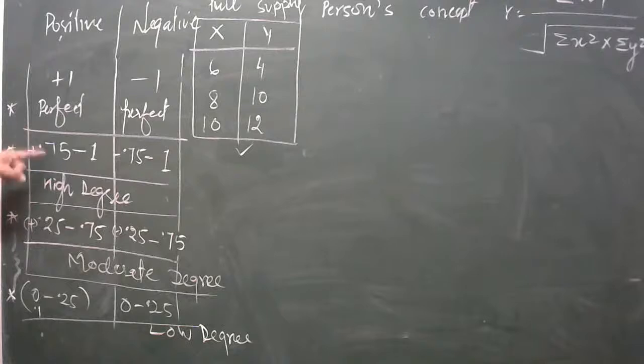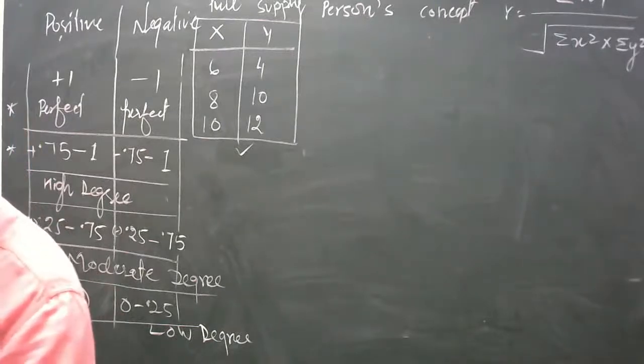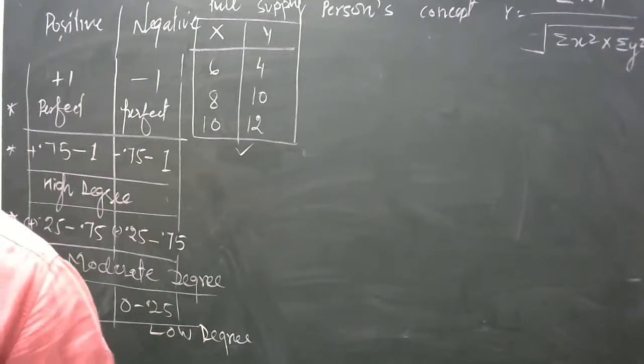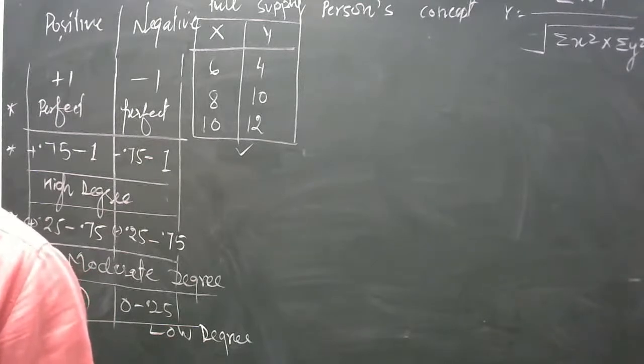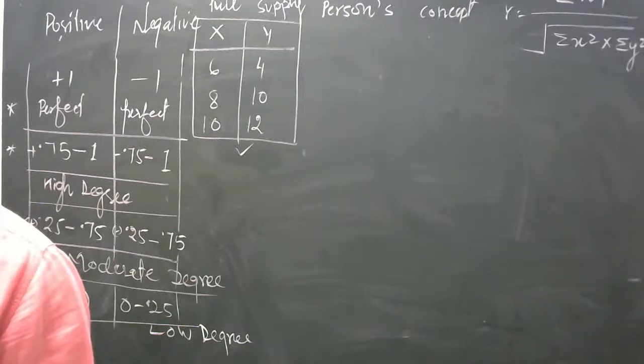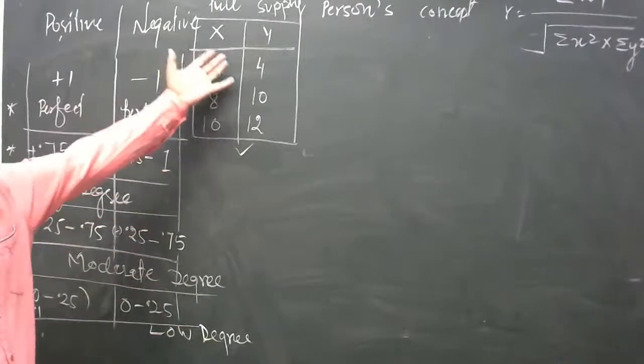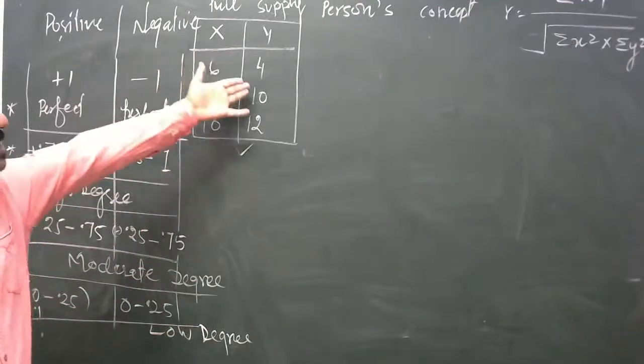And there is 1 mark for the statement, keep in mind. Either 1 or half a mark for the statement. Calculate the coefficient of correlation between price and supply.